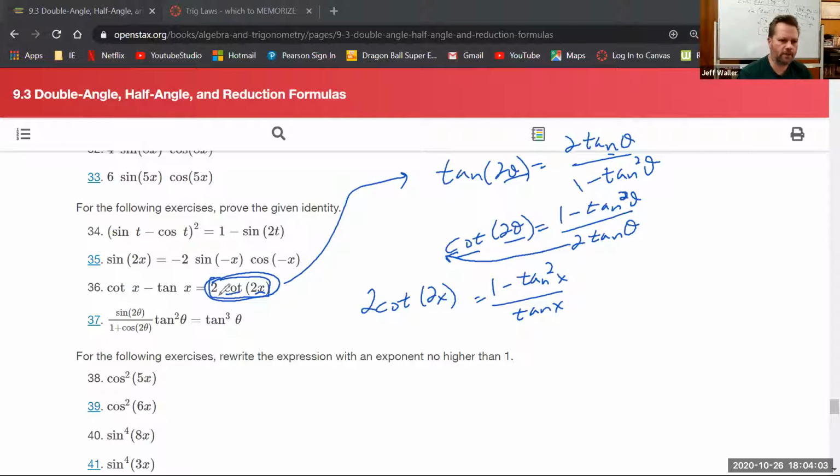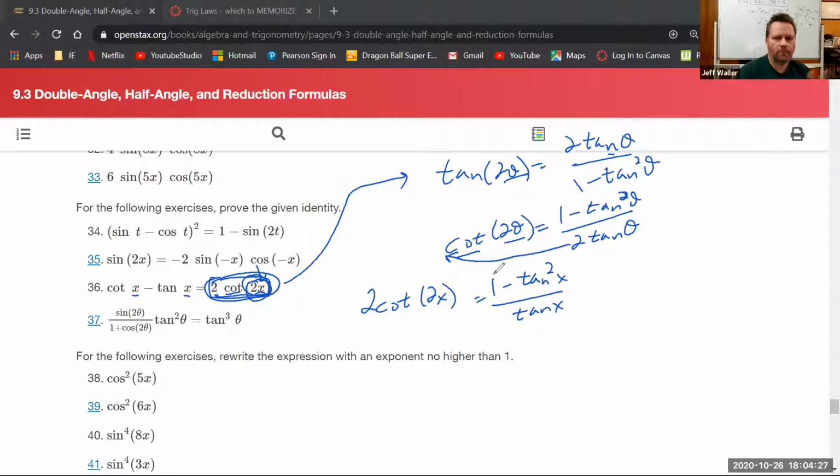I just picked this side because it looked like I had the most to do. Another thing to notice is this is a double angle and these aren't. So it makes sense to rip this one down into a single x so that they all have the same angle. That's the only way I can show the two sides are equal. Does that make sense? So it's just another thing to look for.